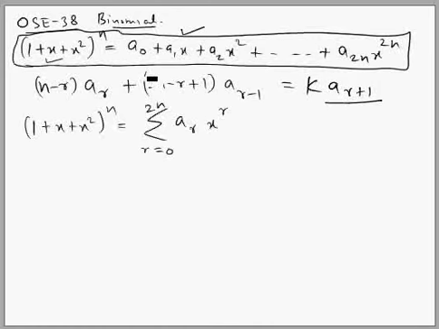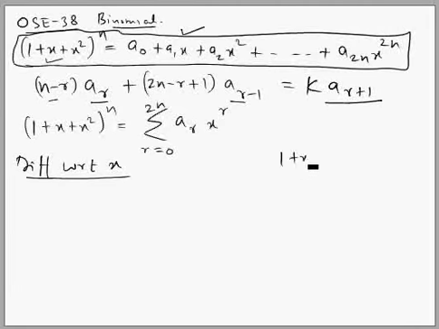Now the first thing I'm going to do is differentiate this with respect to x. Is it a difficult step? It's not, because these are the coefficients of the expansion, ar and ar minus 1, and coefficients of the coefficients come when we differentiate an expansion. Like if we have a normal expansion 1 plus x plus x square plus x cube, when we differentiate, this becomes 0, this is 1, this becomes 2x, 3x square.